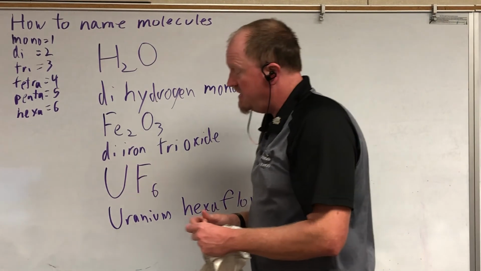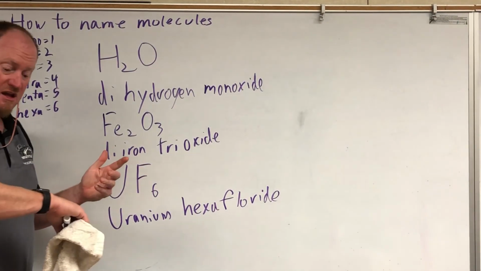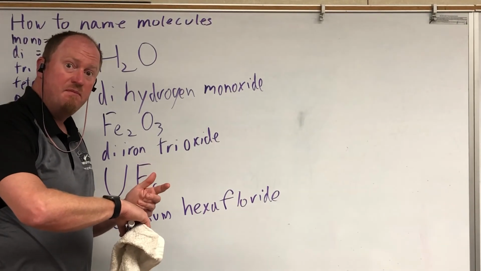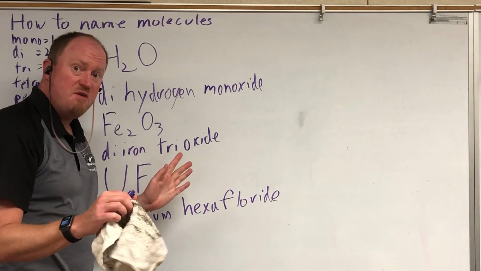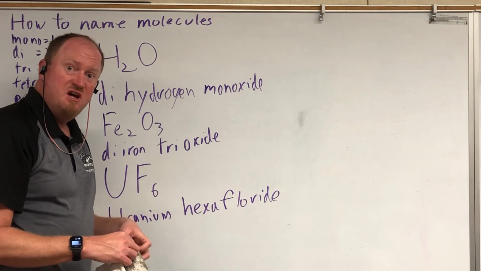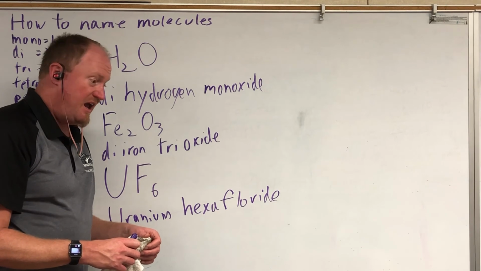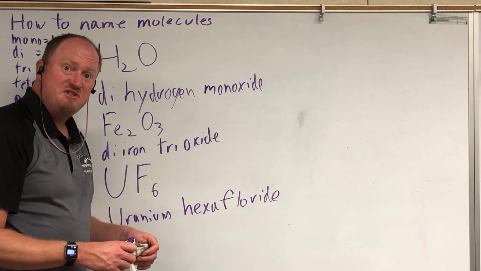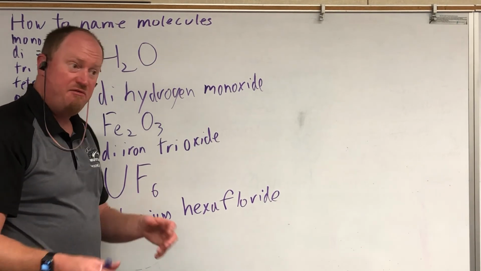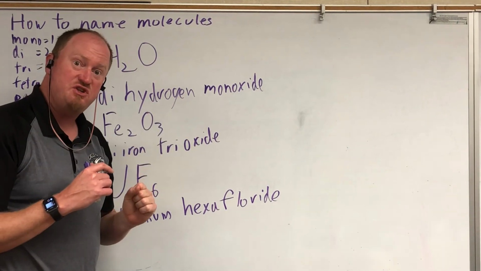Now, by the way, more complicated molecules get more complicated to name. We're just covering the basics. It's only an introduction to physical science. But there's a whole IUPAC system of naming molecules, and if somebody gives the chemical name of some complex drug, a chemist can visualize that drug.